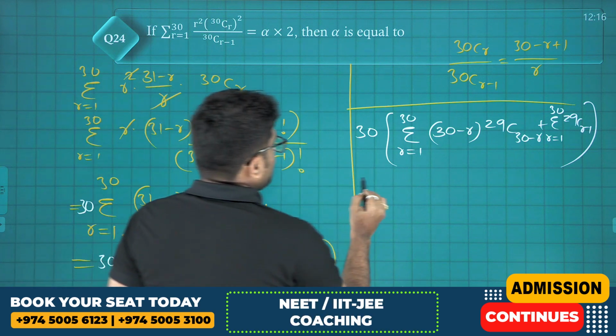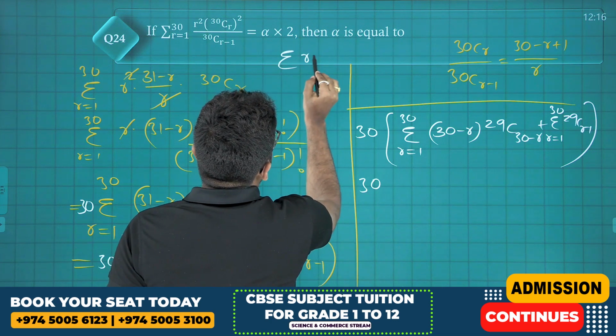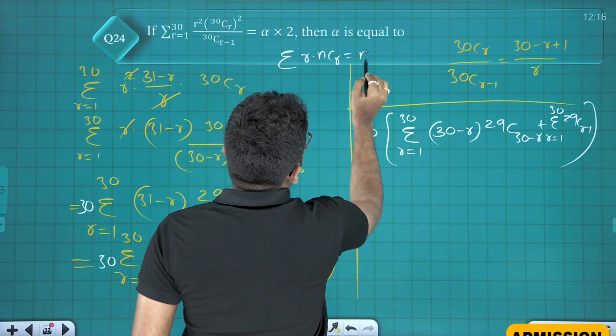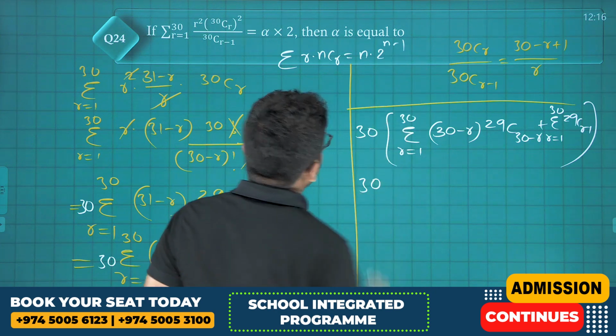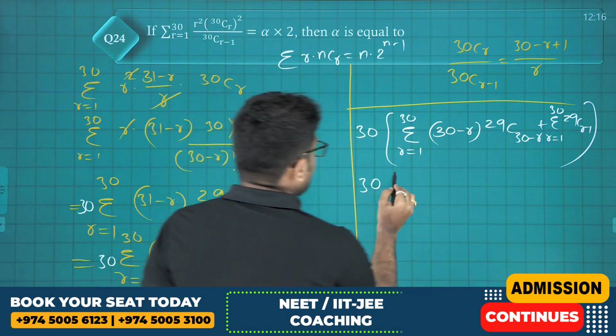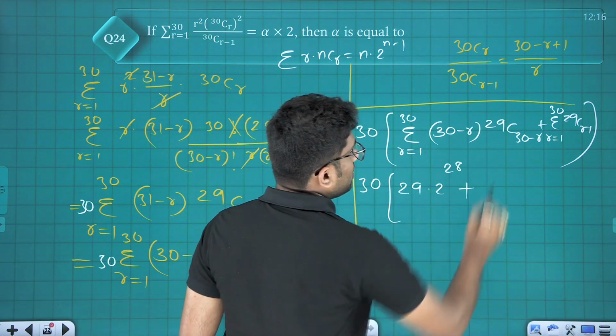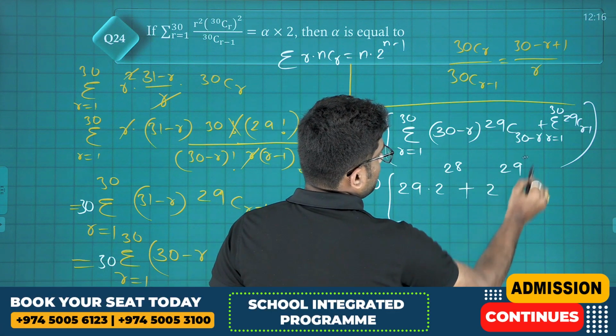So that becomes 30 into, we know friends, sigma r into nCr is n into 2 power n minus 1. So that becomes 29 into 2 power 28 plus, this is clearly 2 power 29.